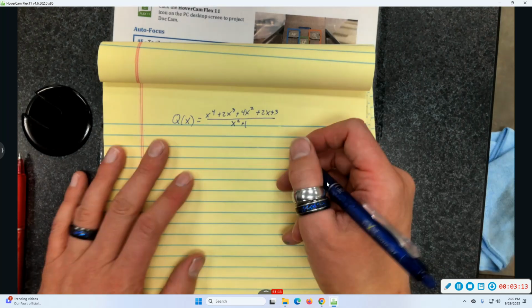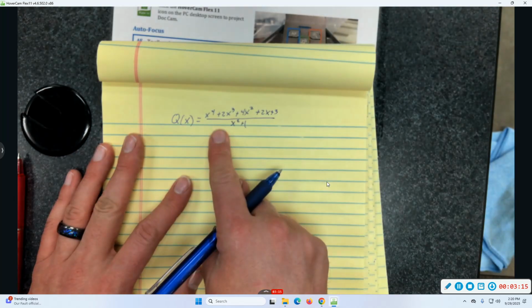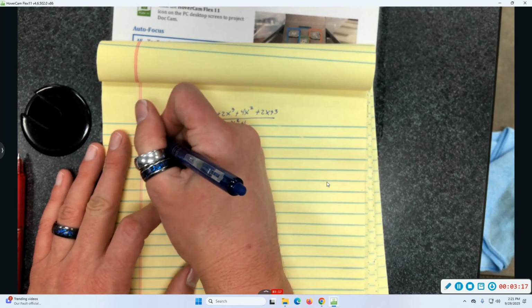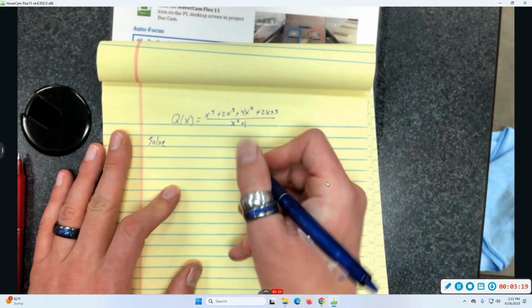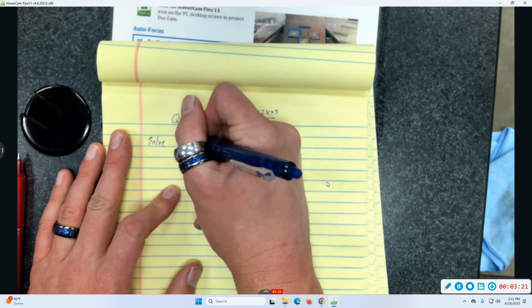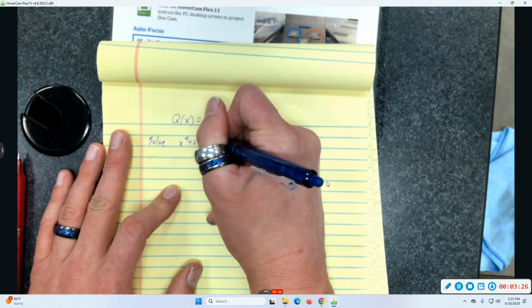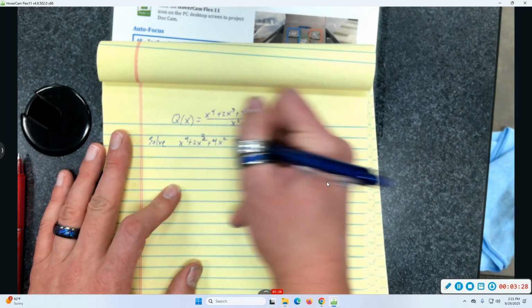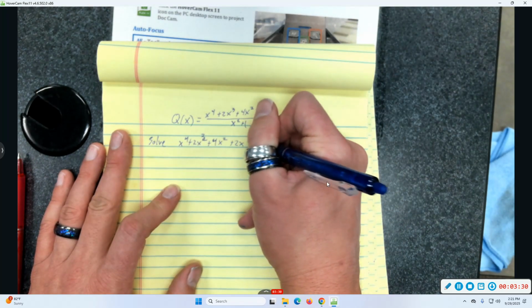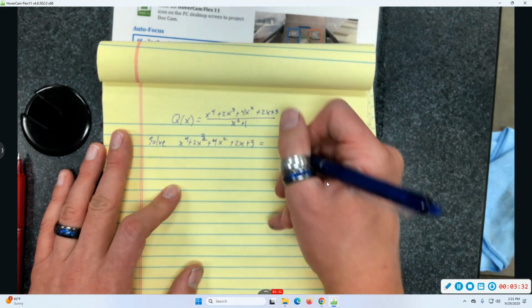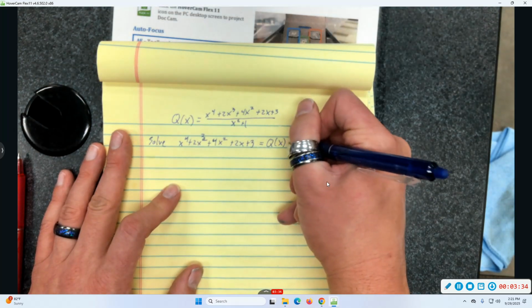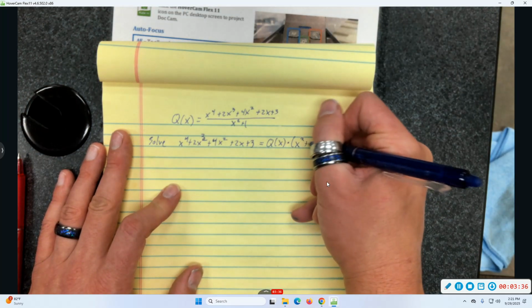All right, so let's think about what this even means. Computing this quotient means that you want to solve x to the 4th plus 2x cubed plus 4x squared plus 2x plus 3 equals q of x times x squared plus 1.